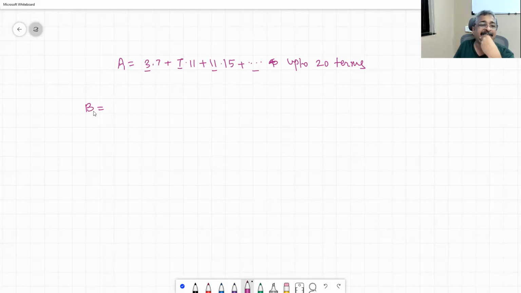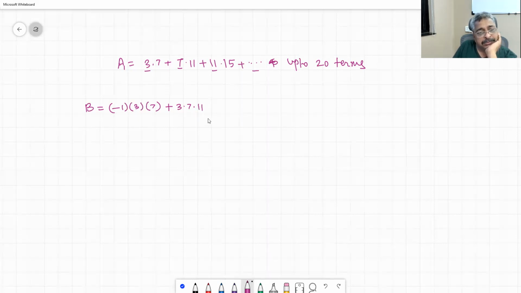B is equal to, common difference is 4, so I will take first number -1, second number 3, third number 7. Then I will take first number 3, second number 7, third number 11.